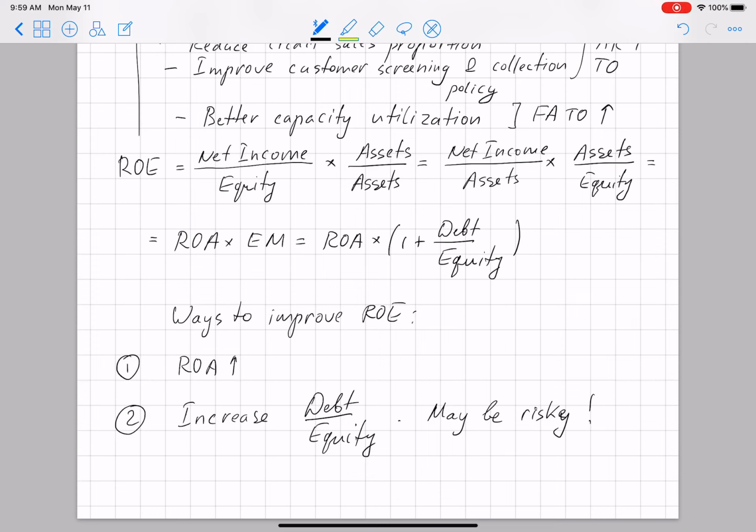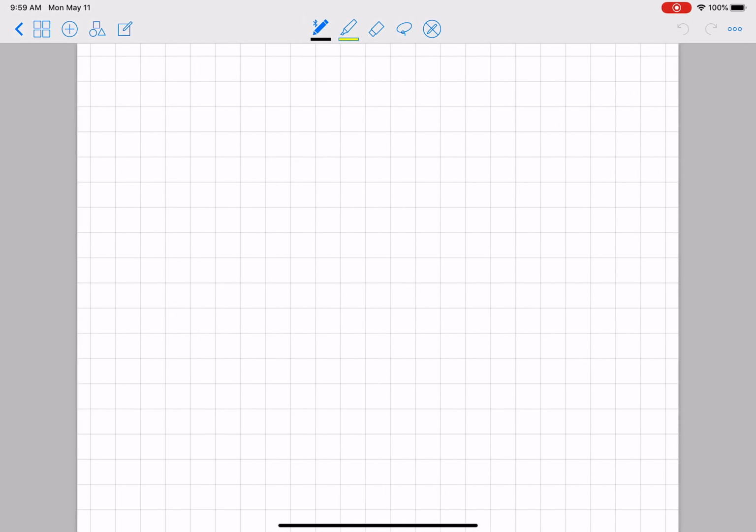If it's not obvious to you why debt to equity ratio mechanically changes ROE, let's just consider a very simple example. So suppose you have two companies. One of them is 100% equity financed, another one is 50-50.